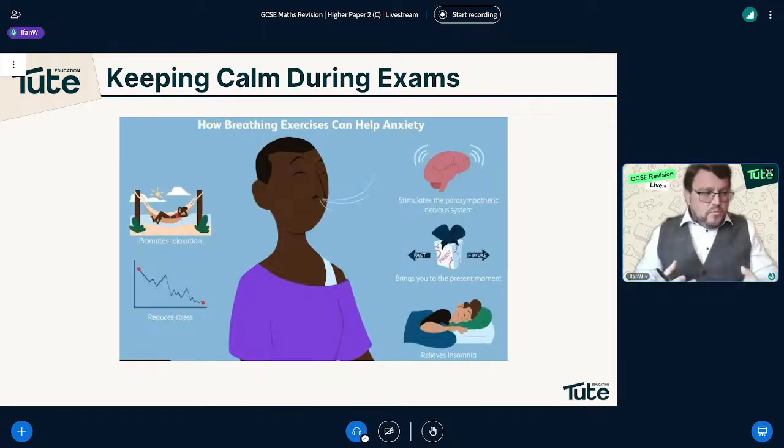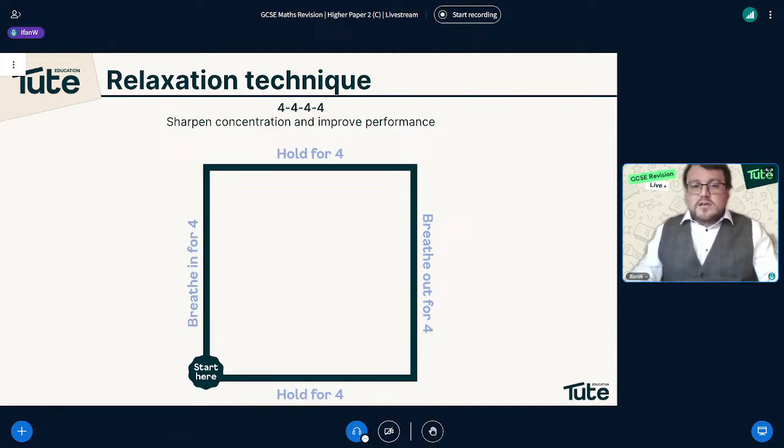Now, the one that helped me was breathing in, holding it for 3, and breathing out for 3. Always count to 3. Okay, always count to 3. Now, the suggestion that's here is count to 4. So breathing in through the nose for 4, holding it for 4, breathing it out for 4, and holding it for 4.